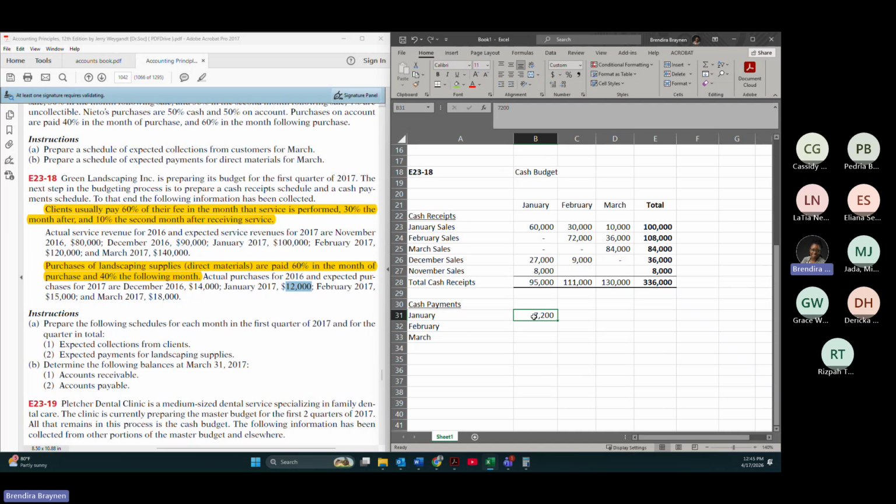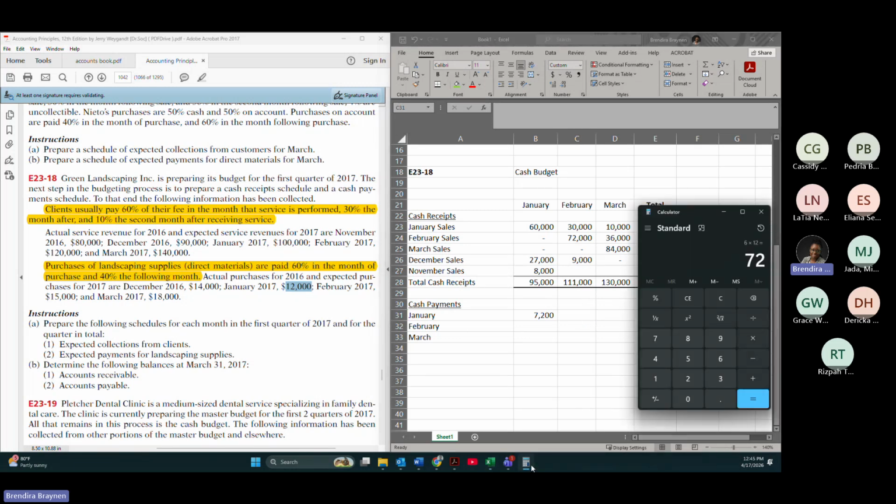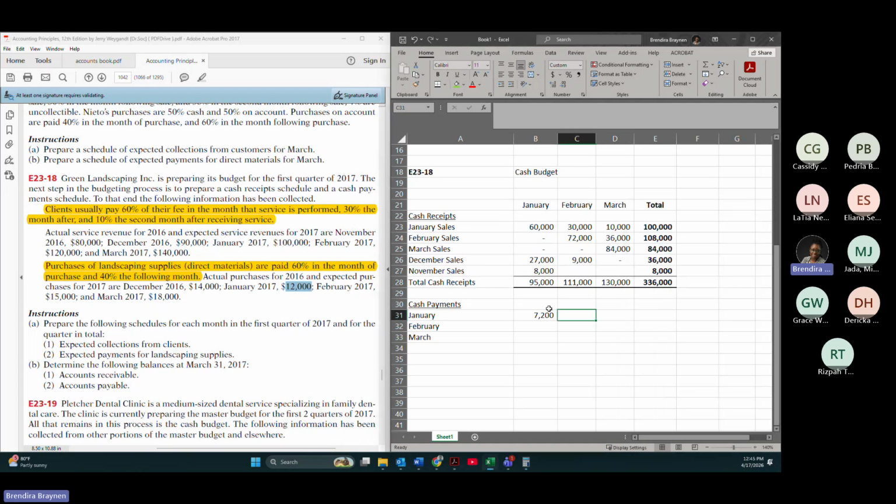That's 60%. Then the 40% of January, so the difference, is going to be paid in February. So 12,000 minus 7,200 is 4,800, which is going to be paid in February for this January purchase. There's only two percentages, so it's only two at a time.